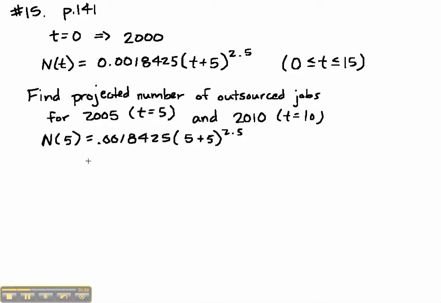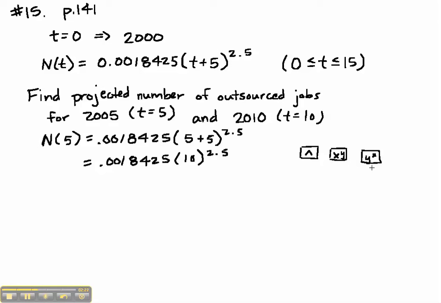And you will need your calculator for this, and you will need to know how to enter in 2.5 as an exponent. And you should be able to do that using a caret key. You will either see this button, or you may see X to the Y, or you may even see Y to the X, depending on what kind of calculator you have.